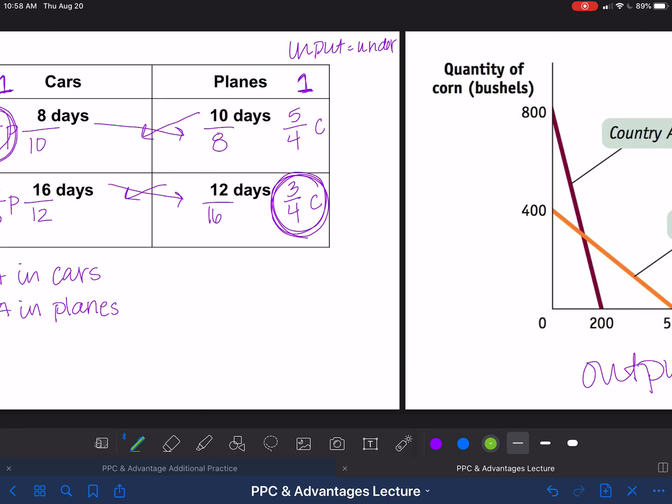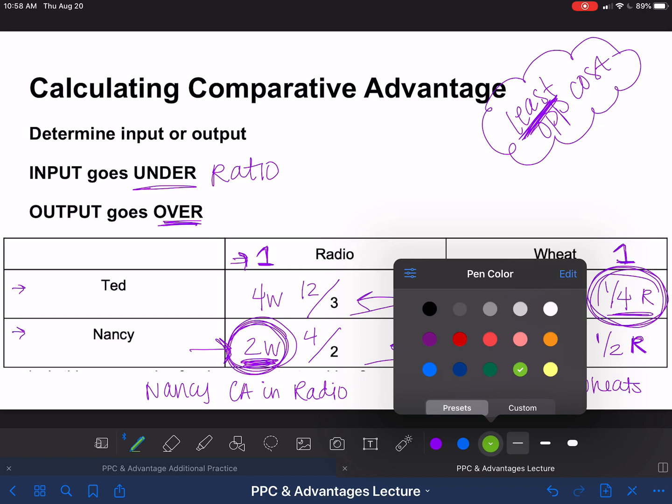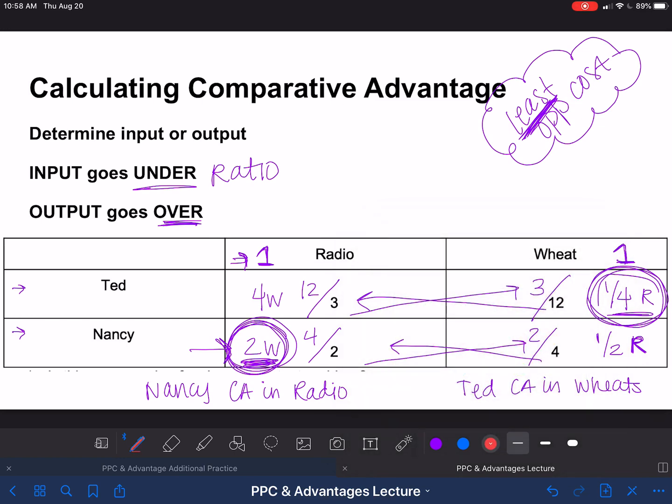So now we're going to go back to our first practice problem, and we're going to figure out the acceptable terms of trade. So terms of trade is what's acceptable for a good trade deal. Now, you never want to trade for less than what it's going to cost you to make a product.